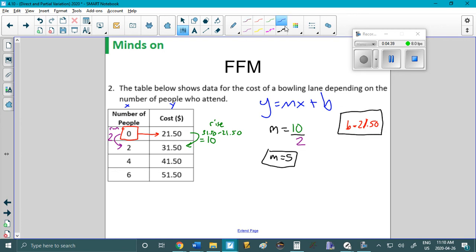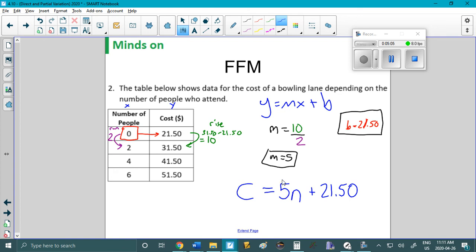Now we write the equation. So instead of y equals, y is cost. So c equals, m is 5, so $5 per person times the number of people plus the initial value, 21.50 or 2150.